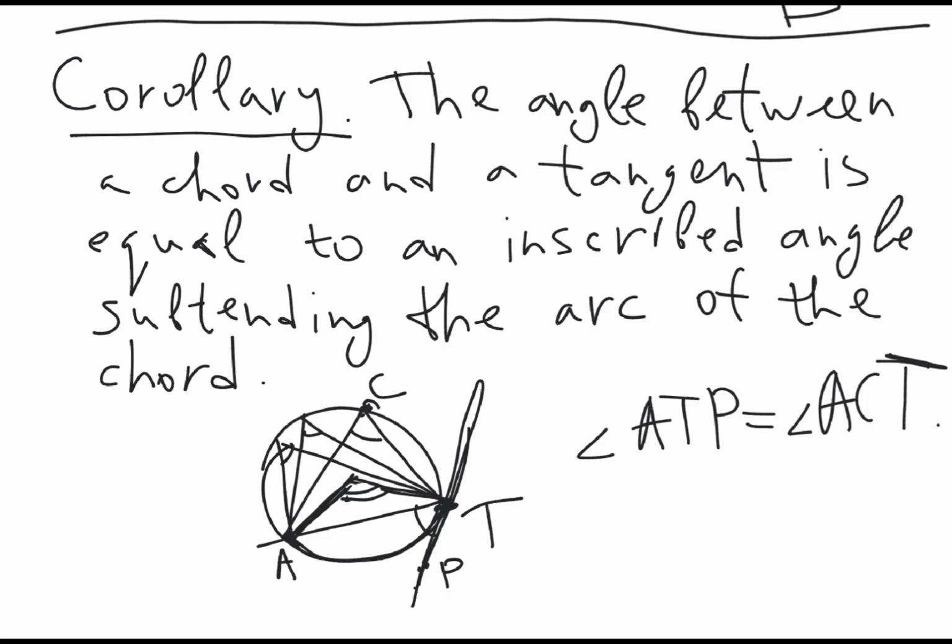And we just proved that the angle between the chord and the tangent is also equal to half of this central angle, therefore they're equal to each other. And the way to view this angle between the chord and the tangent is as an extreme case of an inscribed angle.